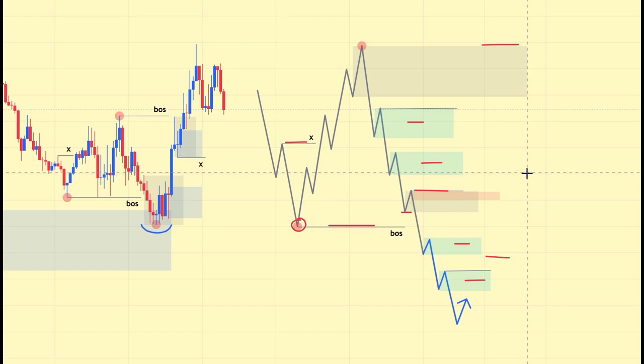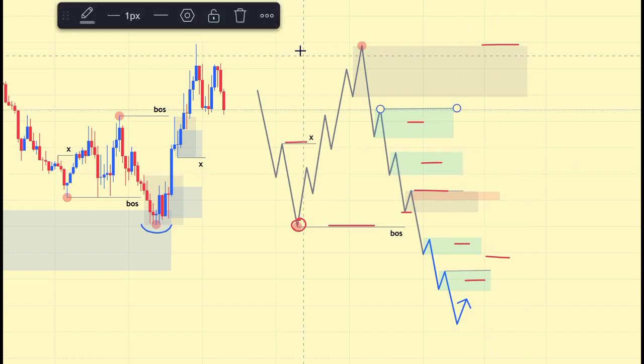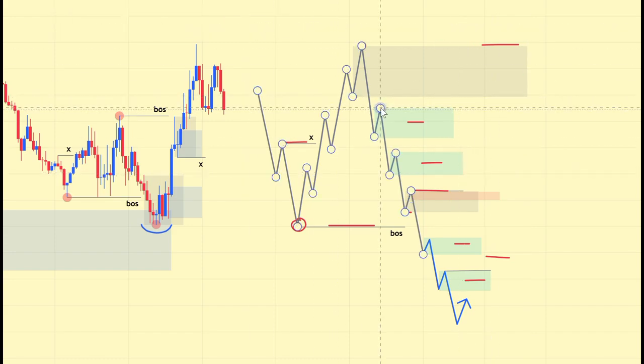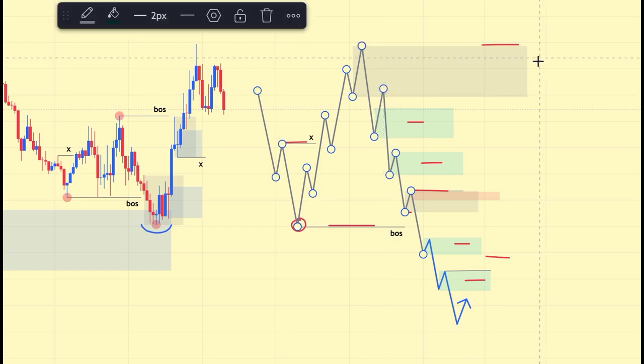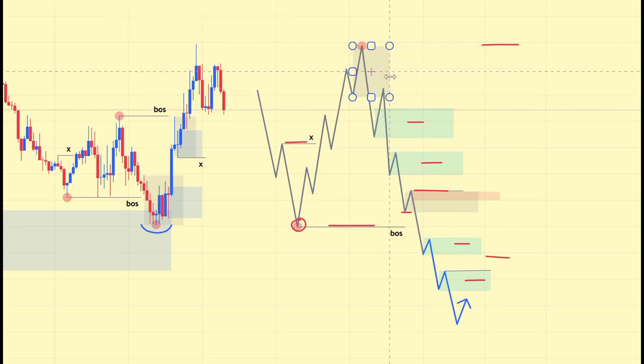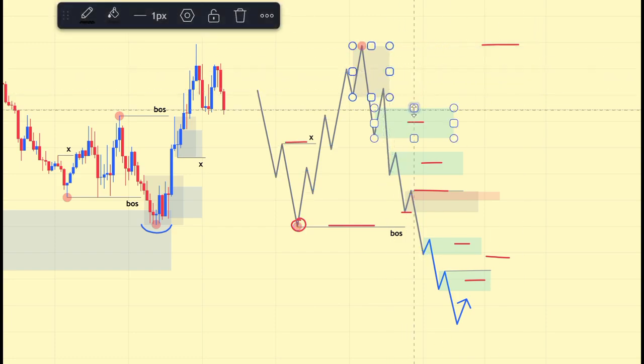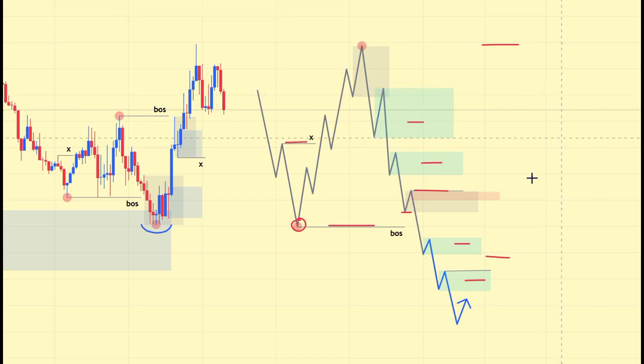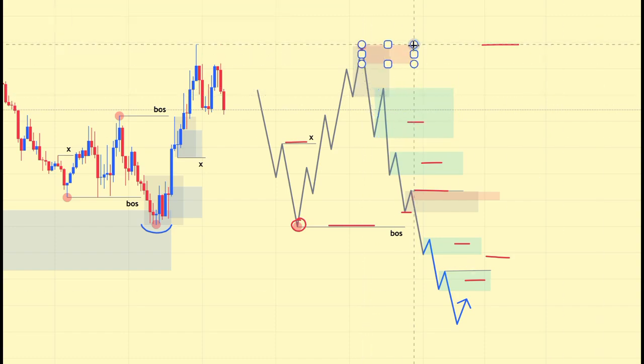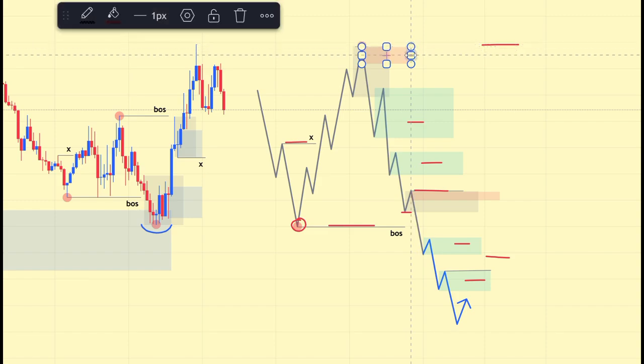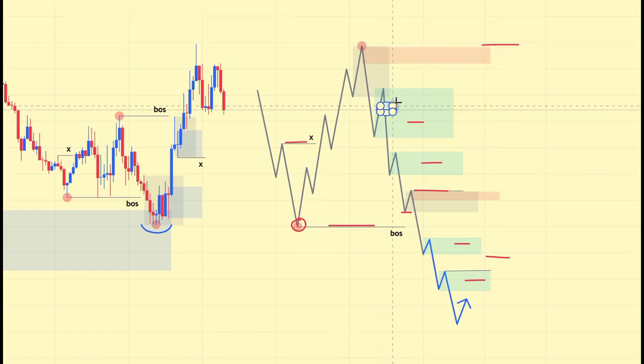All right, so now let me change the scenario to something like this, that price has mitigated this extreme. So now this one here is a mitigated order flow, and our extreme order flow is this one here. Of course, there is an order block here that is unmitigated. So exactly right here, there is an order block that is unmitigated, and also here there is an order block that is unmitigated.